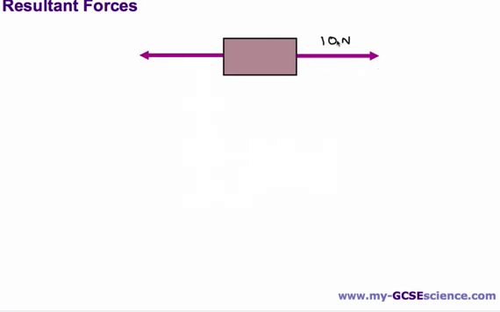Now that's quite simple to understand, but let's start again and add a different force. Or what actually means add two forces. So let's say that on this side we have 10 newtons to the right, and on this side we have 10 newtons to the left. If the object started off as being stationary, and by stationary we mean standing still, and we added two forces to the left and to the right, and each one was 10 newtons, you could probably imagine that each of these forces balances each other out, and so we say the resultant force, in other words the overall force, is 0.